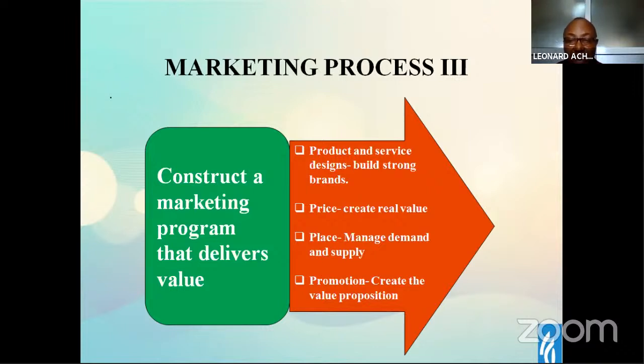Build a strong brand. And like I said, if you are a startup business, there are professionals, marketing firms, marketing companies that are experts in doing this. You can engage their services for a fee. They will come, design your products, services, then brand them, or build a strong brand that will compete favorably in any market.